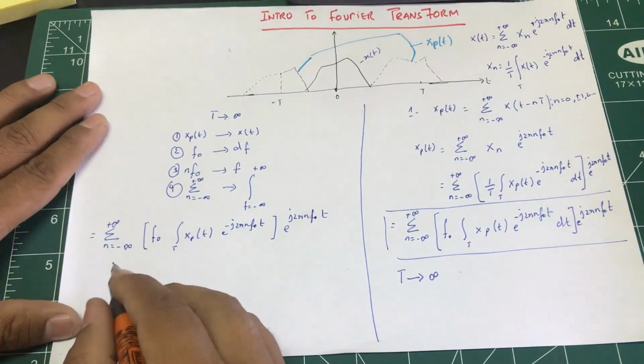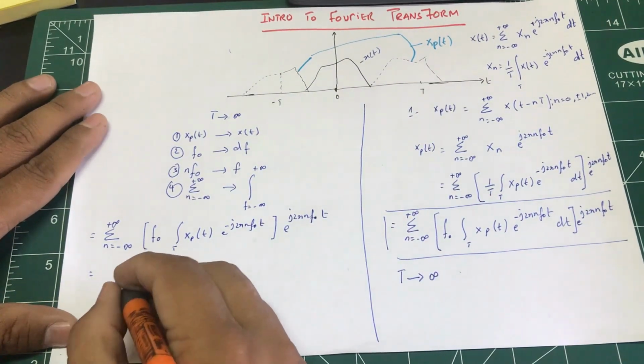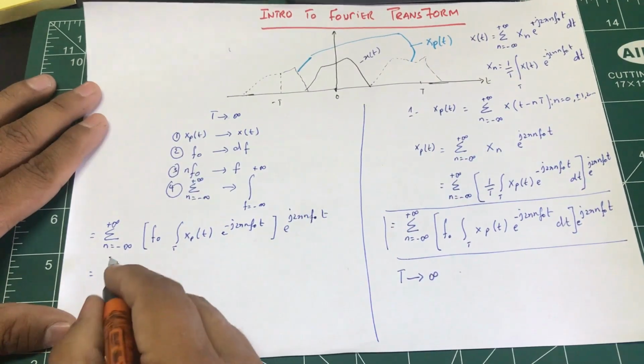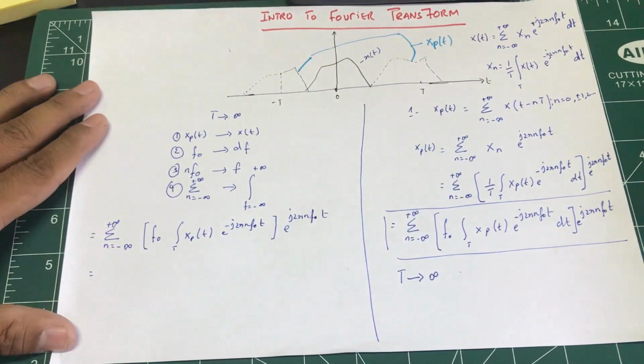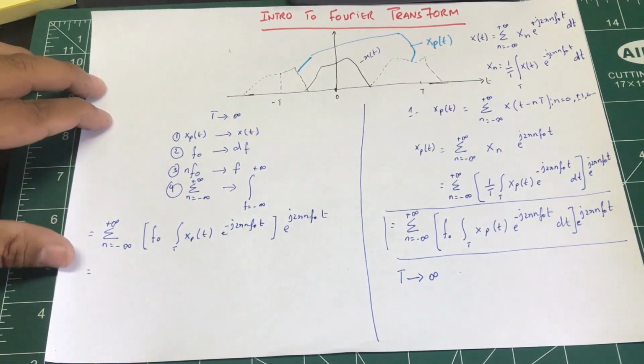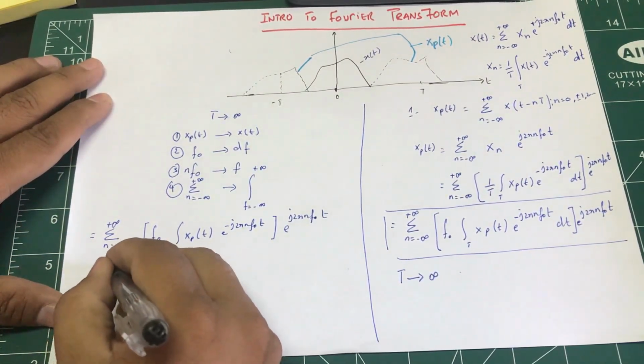Now when I start making these assumptions, a couple of things will happen. First of all, I'm going to change this with black. This summation will become what?